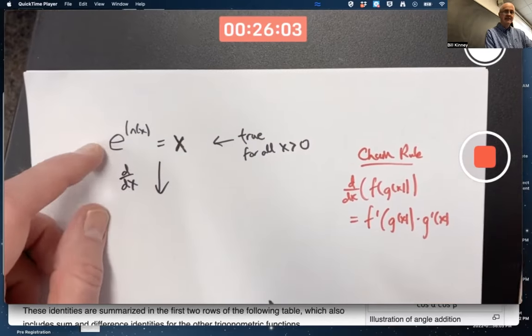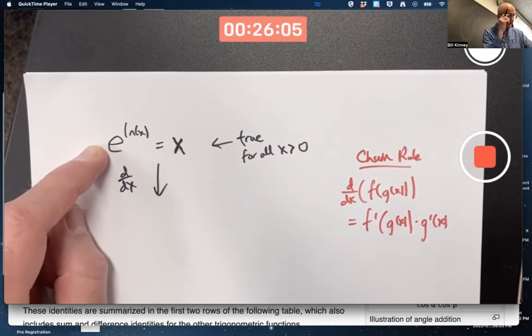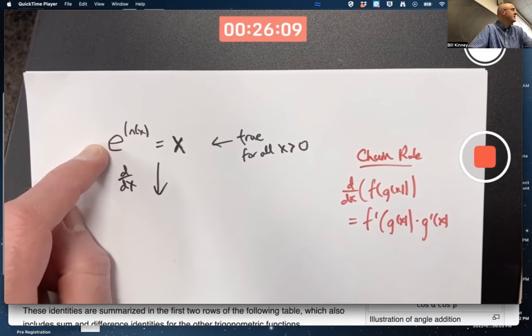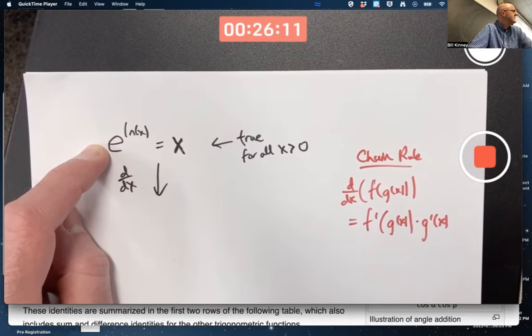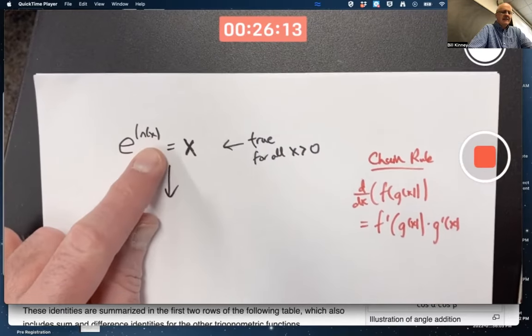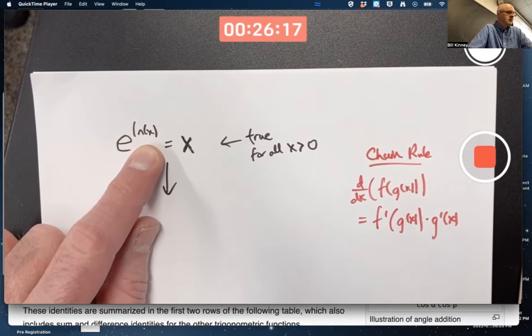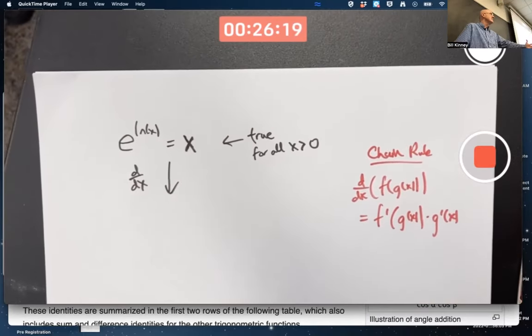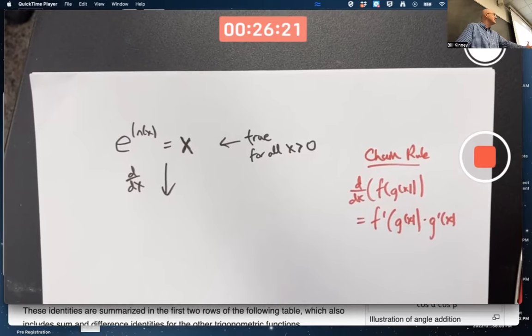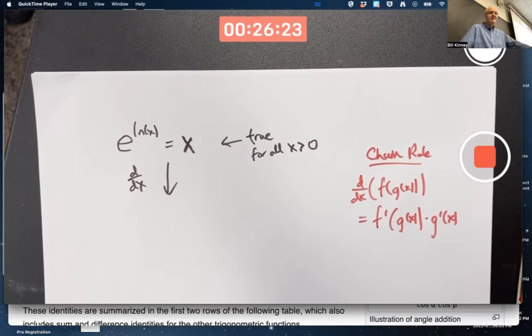So again, in this expression, e to the natural log of x, the outside function, f of x, would be e to the x, and the inside function, g of x, would be natural log of x. We know the derivative of e to the x is e to the x.